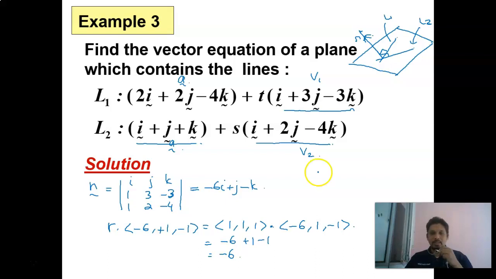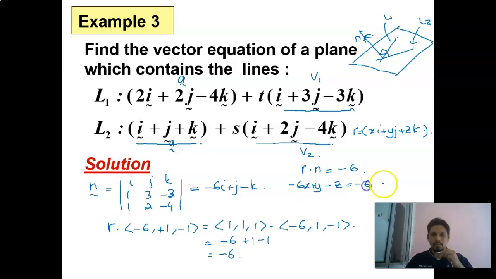So r dot n equals negative 6, where r equals xi plus yj plus zk, and n equals negative 6, 1 and negative 1. So negative 6x plus y minus z equals negative 6. There you go.